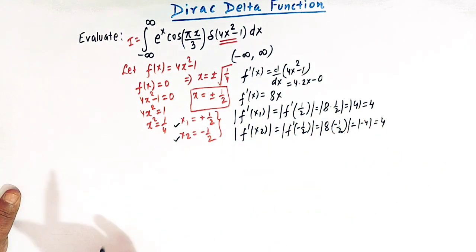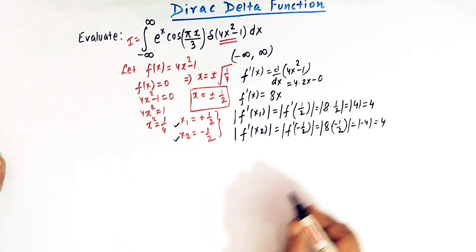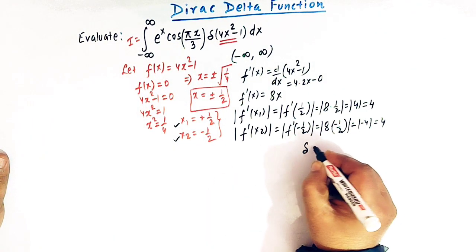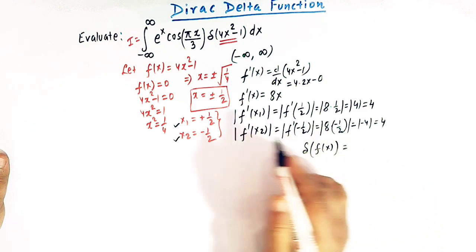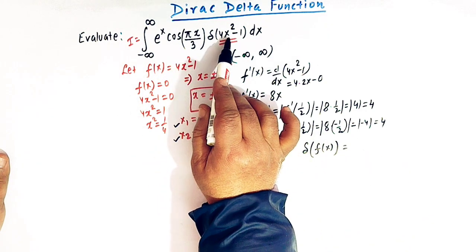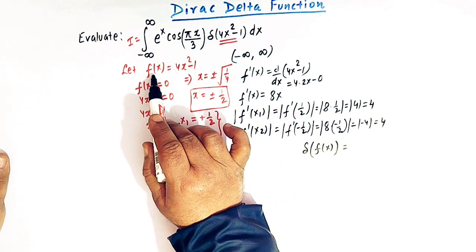Now let us write an important property of the Dirac delta function. So now the important property is delta of f of x. See, we have taken 4x² − 1 as f of x.